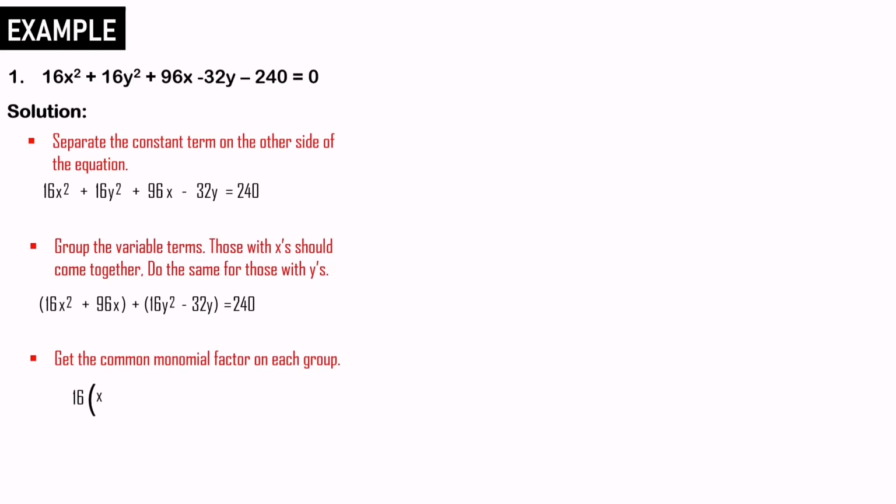Mabilin, x squared plus 96. Remember na naatay gipagawas na 16. So, kung unsa atong number na atong gipagawas, mao'y atong i-divide dere. So, 96 over 16x plus 16y squared minus 32.